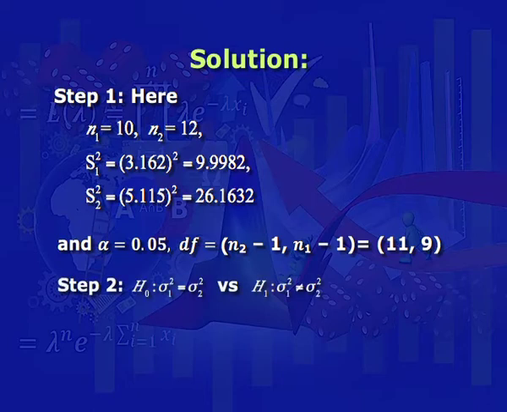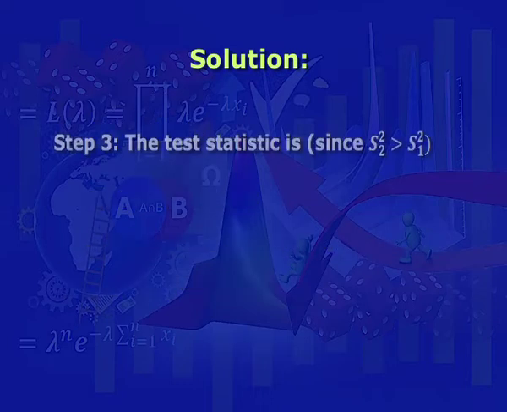In step 2, we define the hypothesis. Null hypothesis H0: sigma 1 square equal to sigma 2 square versus H1: sigma 1 square not equal to sigma 2 square. In step 3, we define test statistic.